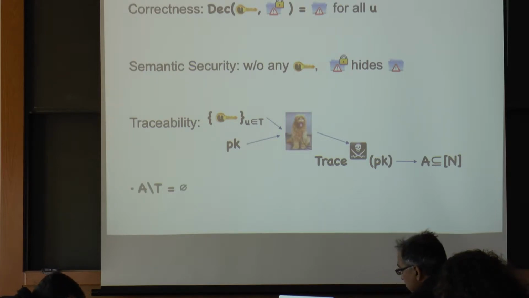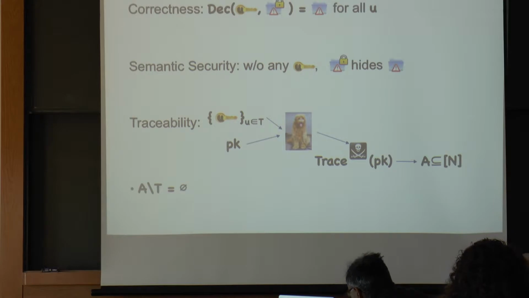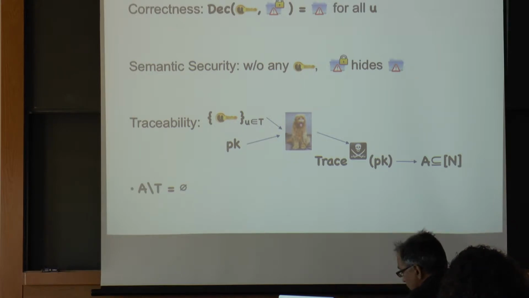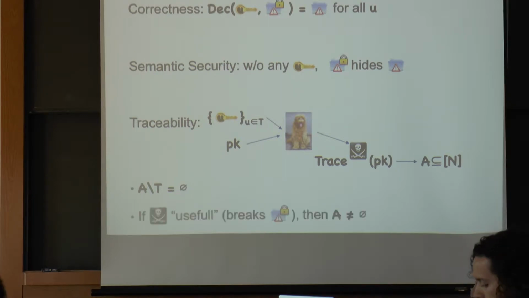Okay, so the first requirement that definitely needs to hold is that if we accuse a set A of users, that set does not include any honest users who were not traitors. Otherwise the traitor could get people to be falsely accused, and that's obviously a bad thing. So we never want to accuse an honest user.